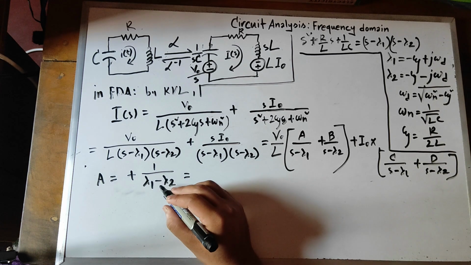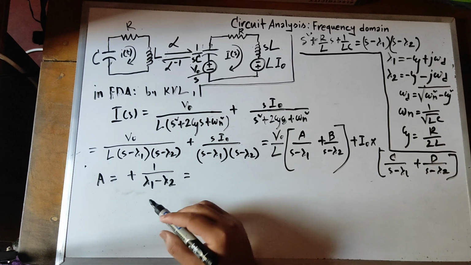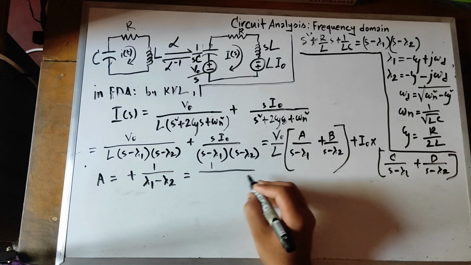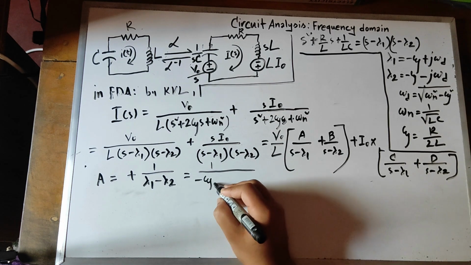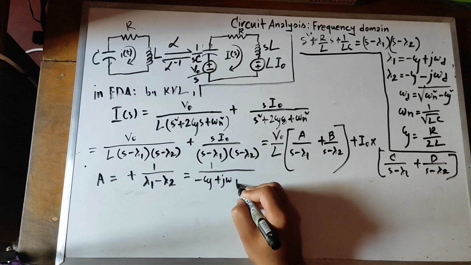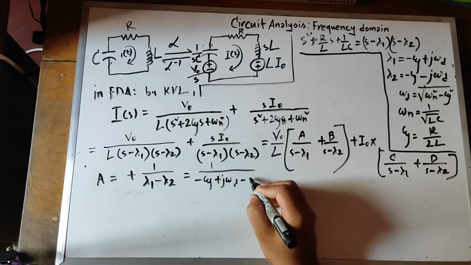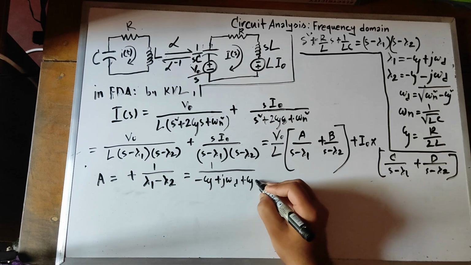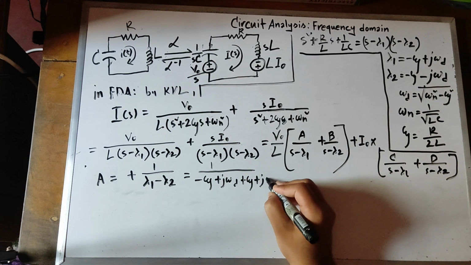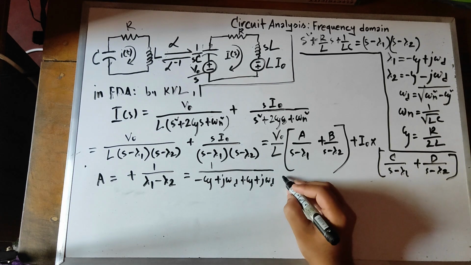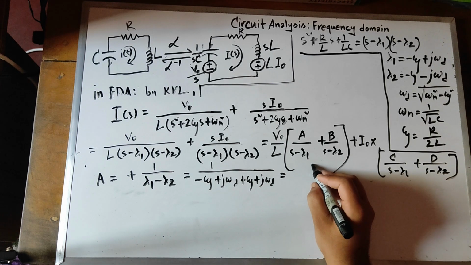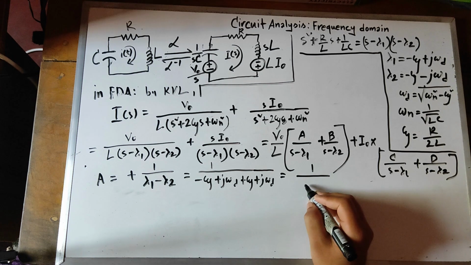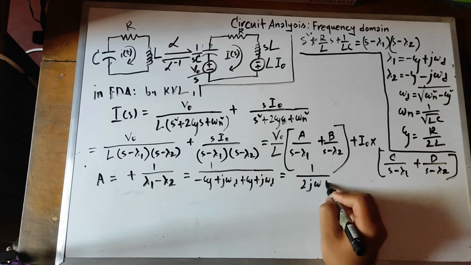If we break this, lambda 1 is minus zeta omega n plus j omega d, so minus and minus will be plus, and this will be 1 by 2 j omega d.